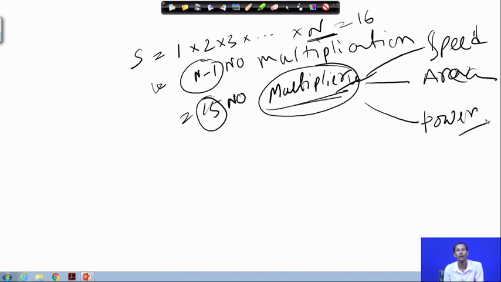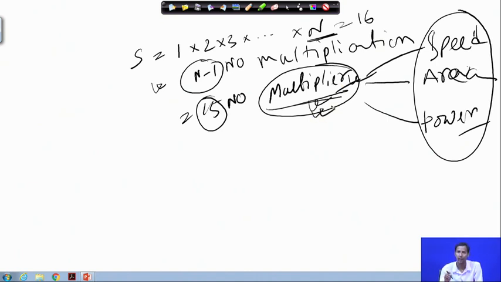We will come to the architectures available for multiplier design in terms of speed, power and area later in this course. One particular module is only for multiplier design, so that is not part of the course at this point. The message is that a multiplier is a circuit which costs more area.